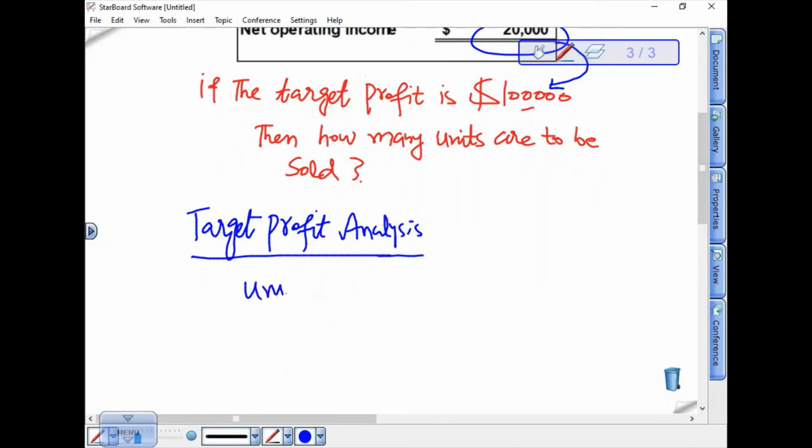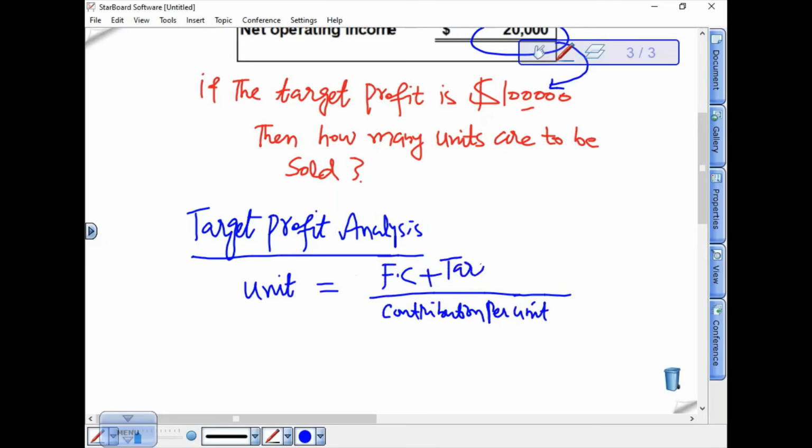We are calculating this with the help of a formula which will be exactly similar to break-even point, but there is one addition. In break-even point, we write fixed cost over contribution per unit. Up till this, the formula is the same, but you can add targeted profit in the fixed cost.